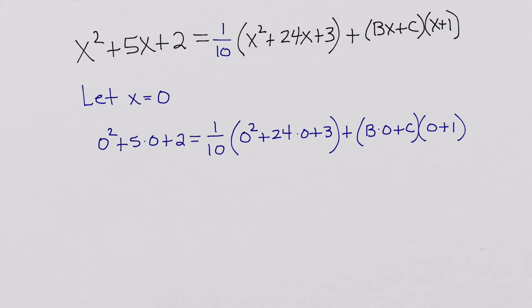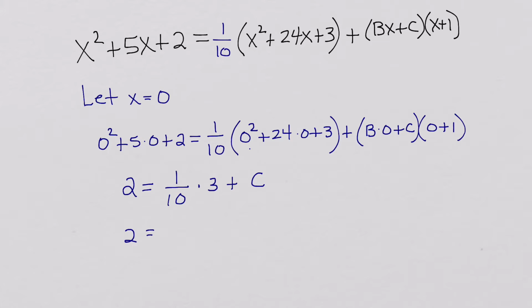So make sure that you're showing enough, but probably not in as much detail as what I'm doing here. And so we have 0 squared plus 5 times 0 plus 2, and that's of course just 2 equals 1 over 10 times, and then we have 0 squared plus 24 times 0 plus 3, simplifies to just a 3, so that's 1/10 times 3, plus b times 0 plus c is c, and that's times a 1.